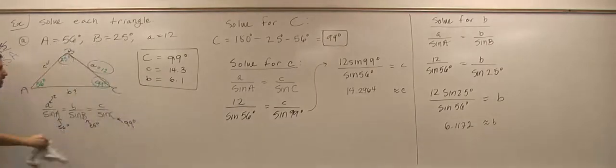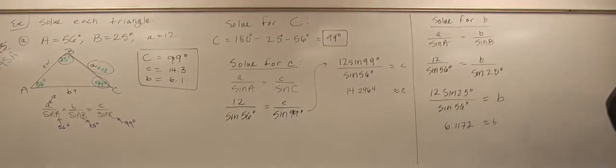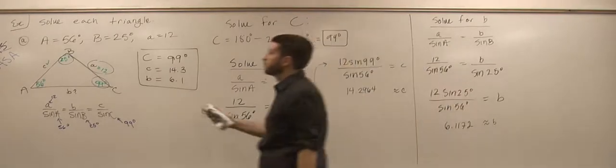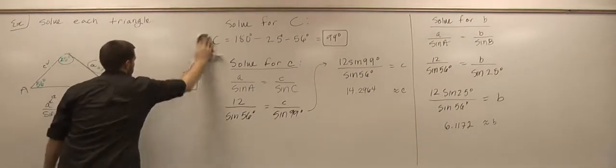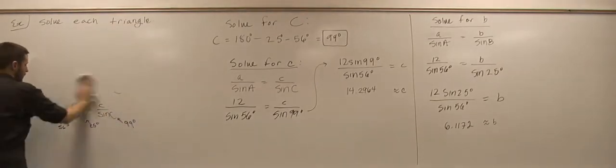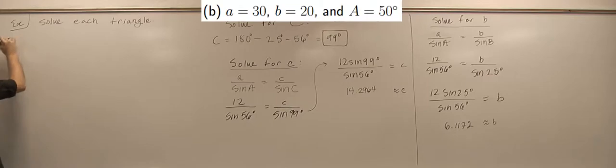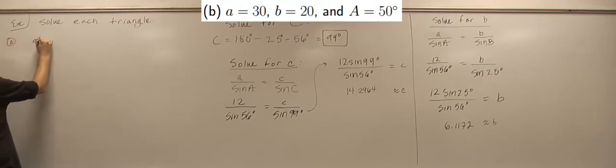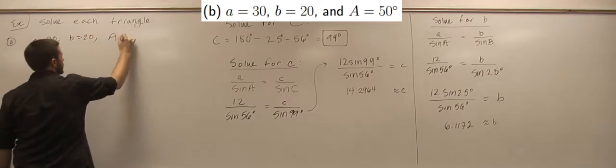However, if you look at part B there, I have another triangle and I haven't given you 2 angles. I've given you 2 side lengths instead. Look at what happens here. I think little a is 30, little b is 20, big A is 50 degrees.